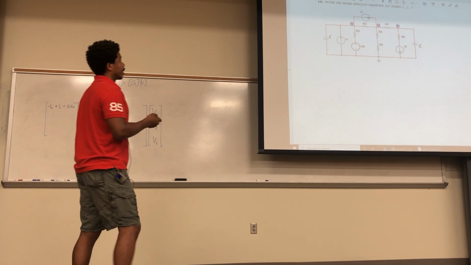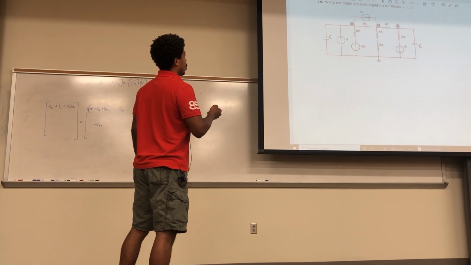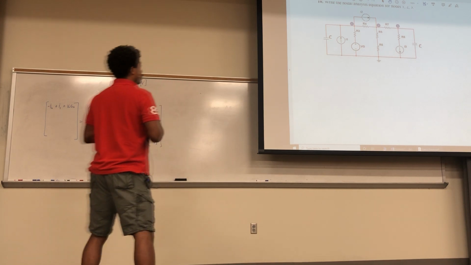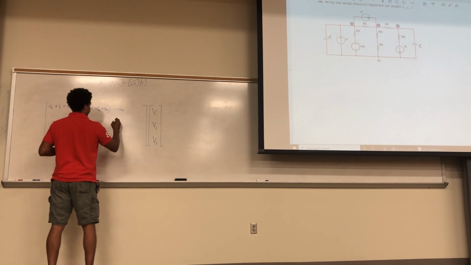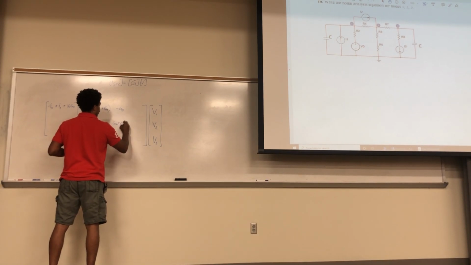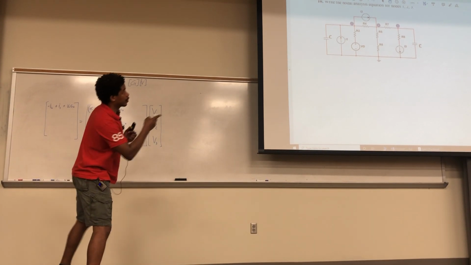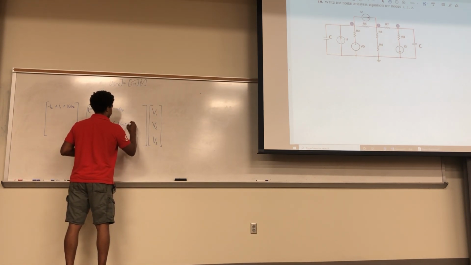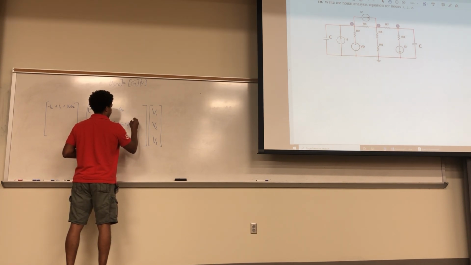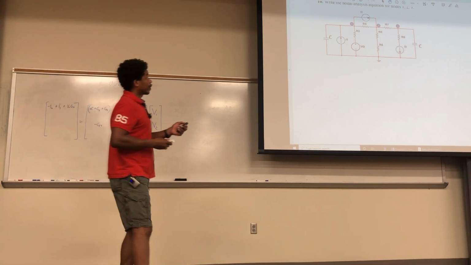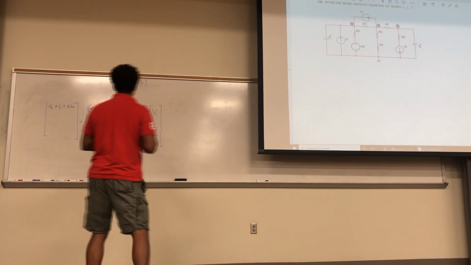For node 2, you have this, so R4, R7, and this in combination right here. So for R2, you have R4, R7, and those other two in combination, so it's R5 and R6. And they're in series. Okay, and for cross terms, so between 2 and 3, you have the R7.